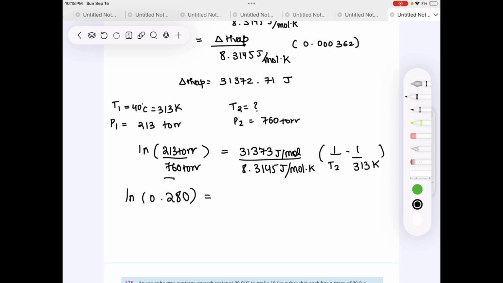We get 3773.2 and we get 0.003195. ln 0.280 is equal to negative 1.273.